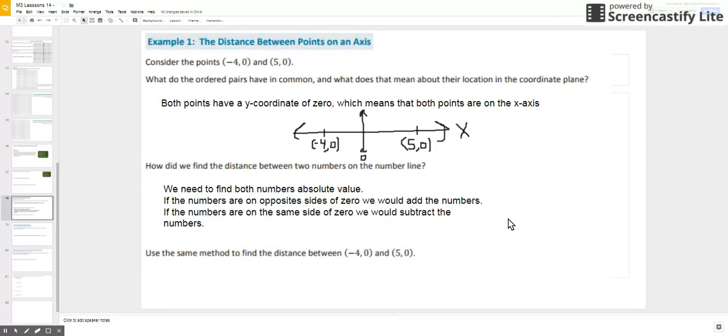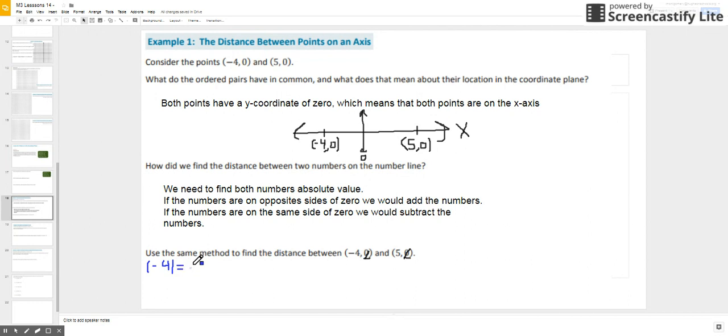It says use the same method to find the distance between these 2 points. So we're going to take this method and find the distance between these 2 points. Well, since both of the y values are 0, we don't need to worry about them. We get rid of the ones that are the same. All we concentrate on are the ones that are different. So the absolute value of -4 is +4.